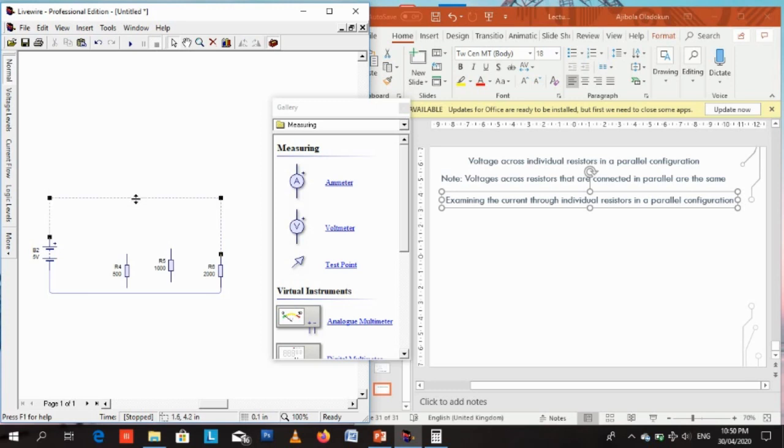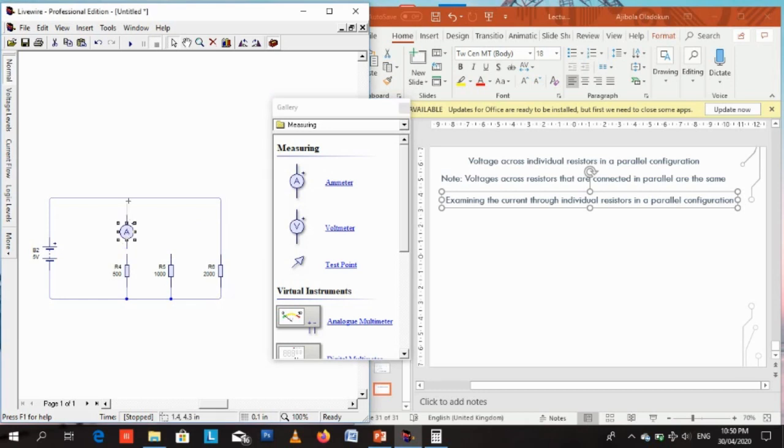I want to draft in 3 ammeters. When we wanted to determine the voltages of individual resistors, we needed 3 voltmeters, one for each of the resistors connected in parallel. Now that we want to determine the current of the individual resistors, we need 3 ammeters.